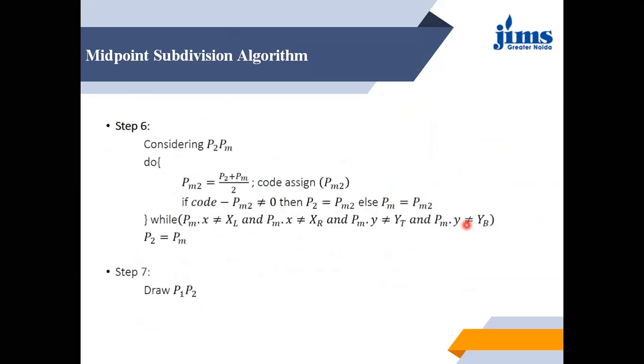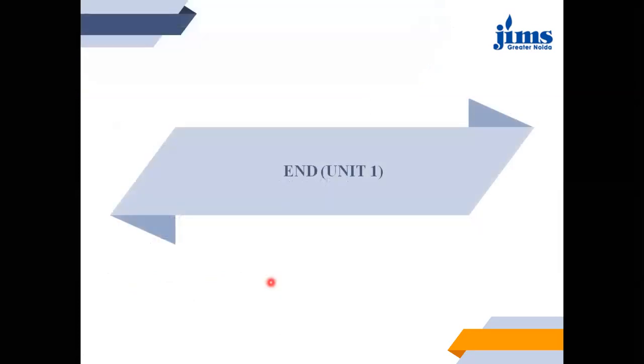We check the coordinates of the divided line and assign them region codes as per our scheme. In the final step, step 7, we draw the line P1 P2 that is visible.